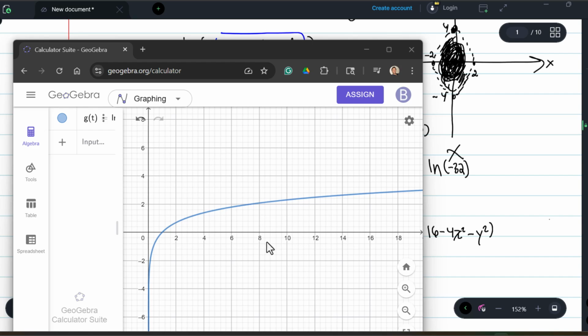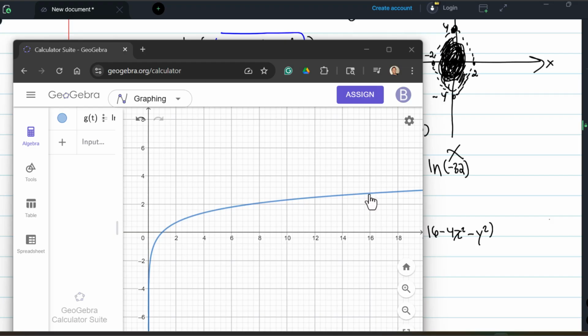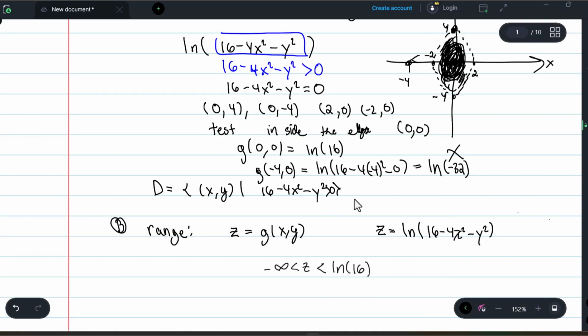That means the largest number I'm allowed to plug into my natural log happens to be 16, so there'll be a largest number I can get out of my natural log, which is ln of 16. So my range happens to be all real numbers that are less than the natural log of 16.